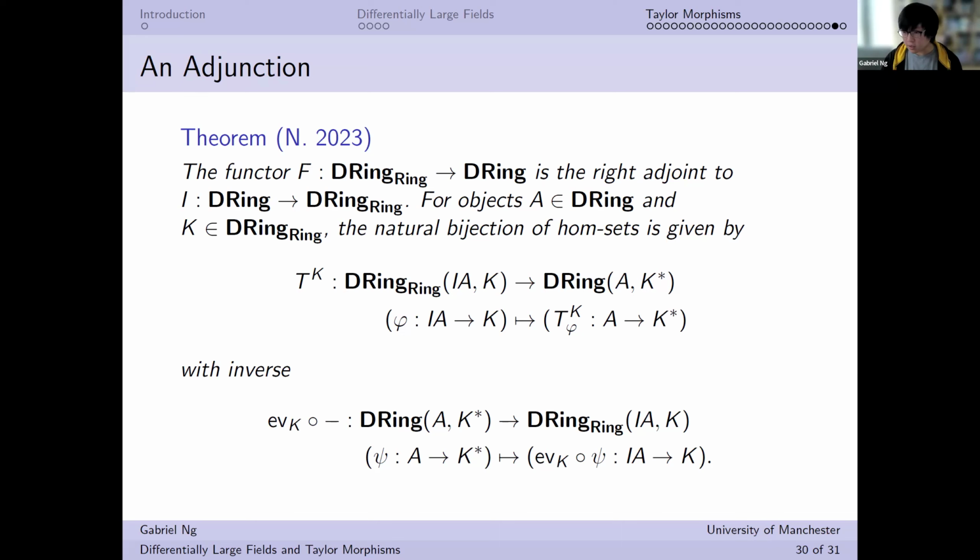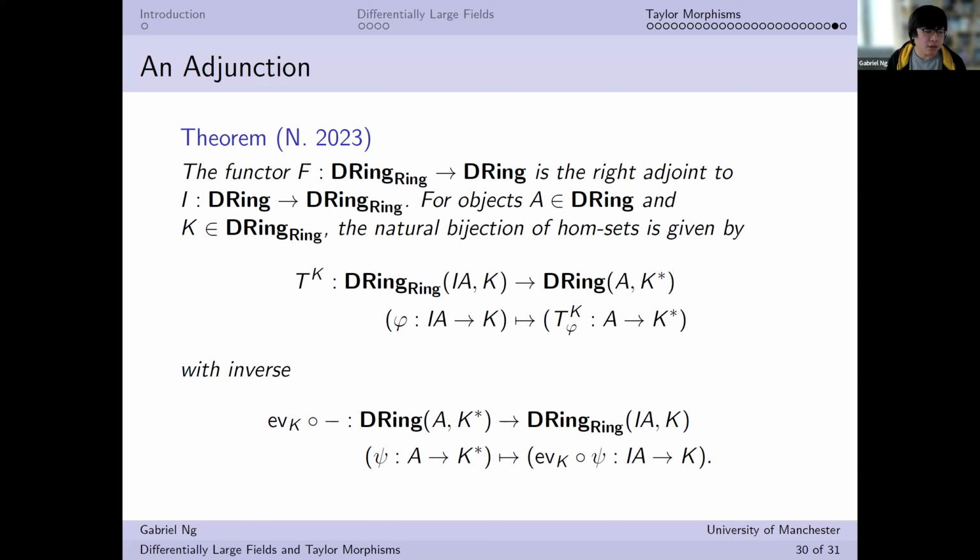Okay, I should probably just say a little bit about what we plan to do with this. Essentially, as I said before, we want to study these differentially large fields in positive characteristic. So we hope to be able to use this twisted Hurwitz thing in some way.